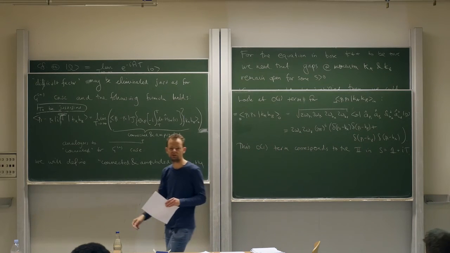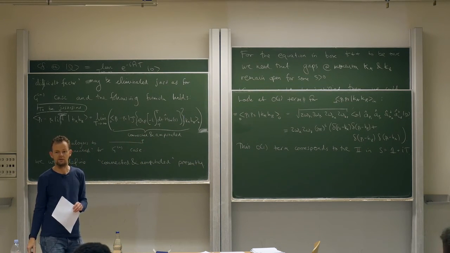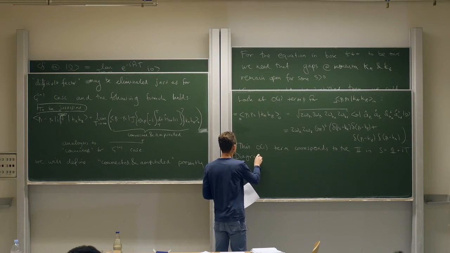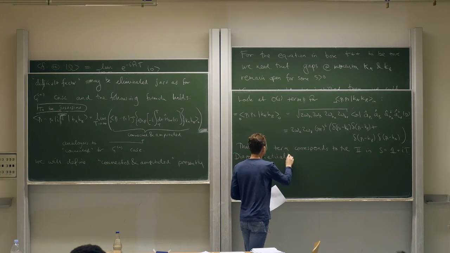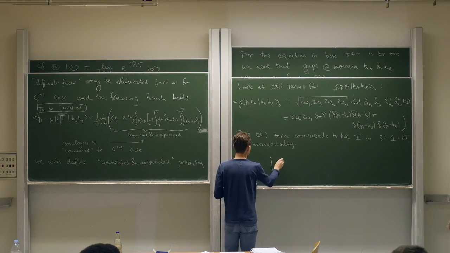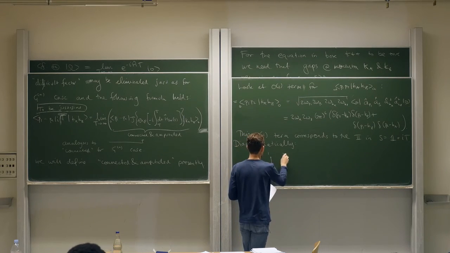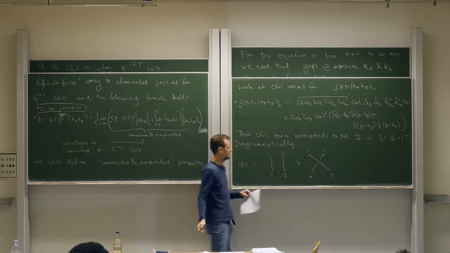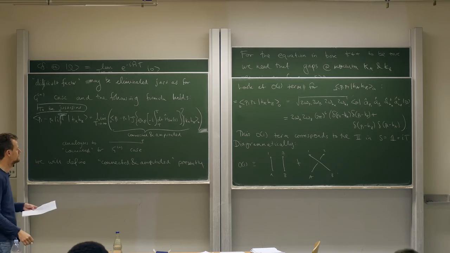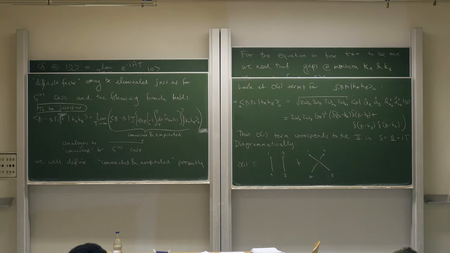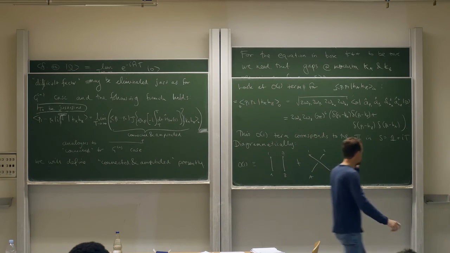And indeed, those terms there correspond to the identity bit in the scattering operator S. And diagrammatically, we could represent that order 1 term like that. Well, let's come to the order lambda term. That's where things are going to get interesting, of course.